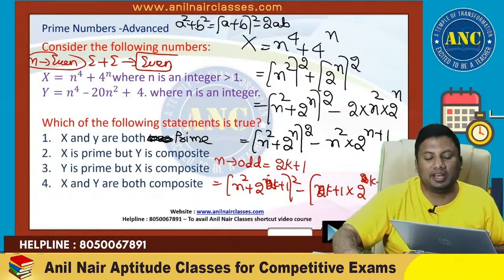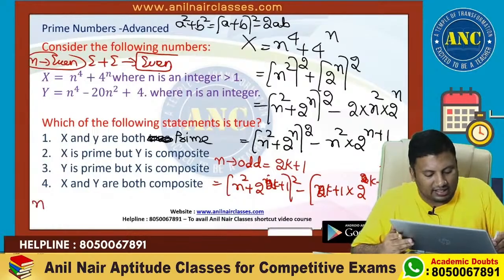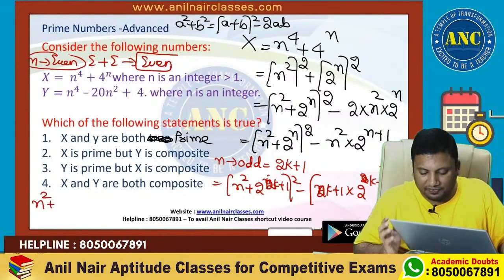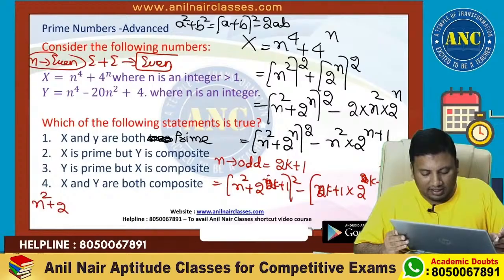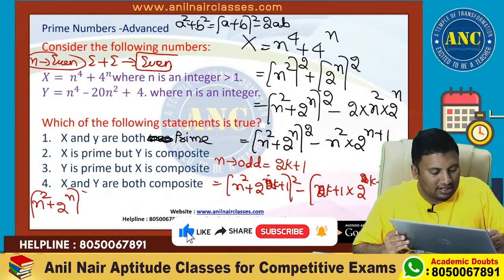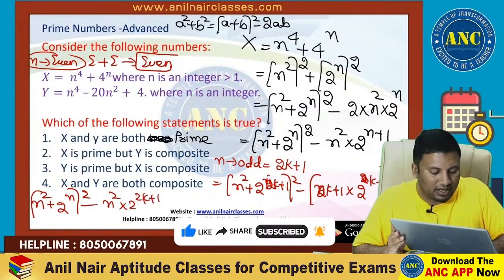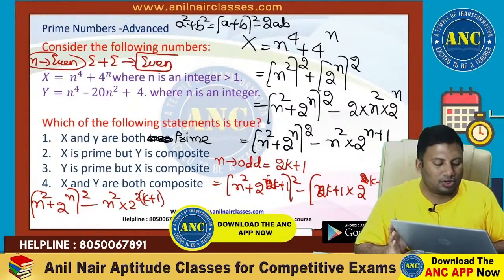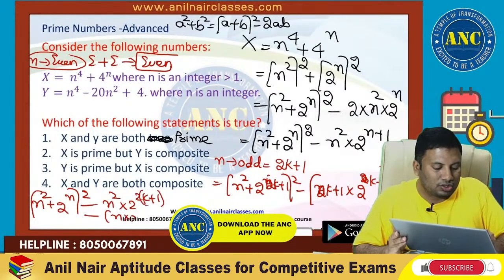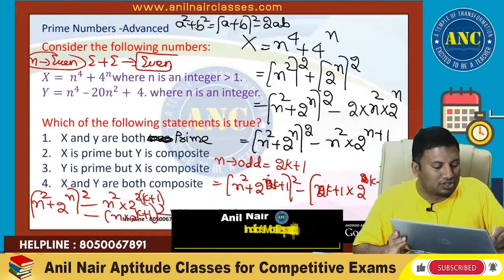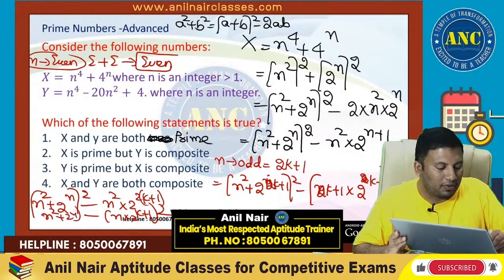Are you all with me? I hope this idea is clear. (n² plus 2^n) whole square, just n is replaced by 2k plus 1. And n² into 2^(2k+1+1), it is 2 into 2k plus 1. These are (n into 2^(k+1)) whole square, minus (n² plus 2^n) whole square.